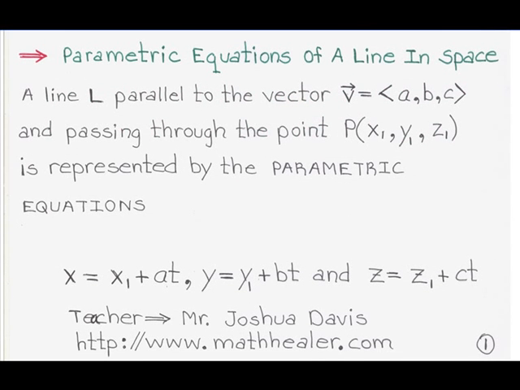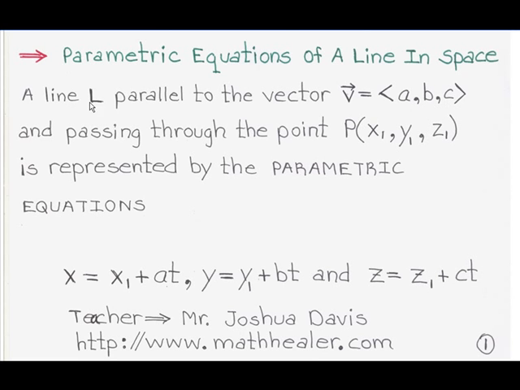Here we are. Parametric equations of a line in space. A line L parallel to, notice, it's parallel to; it does not have to go through that vector, or the vector does not have to be on that line. The only requirement here is that L be parallel to vector V that has these coordinates a, b, c.